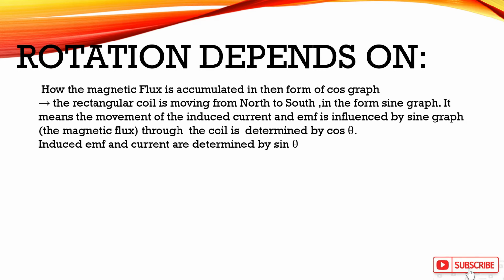It means the movement of the induced current and EMF is influenced by the sine graph. In summary, the magnetic flux through the coil is determined by cosine theta. The induced EMF and current are determined by the sine graph.